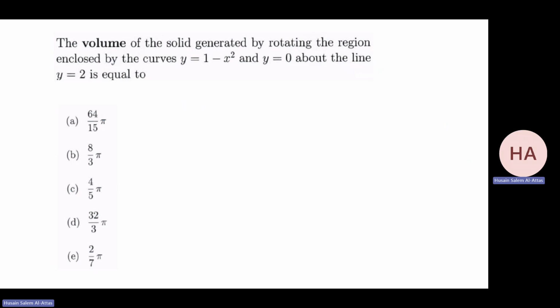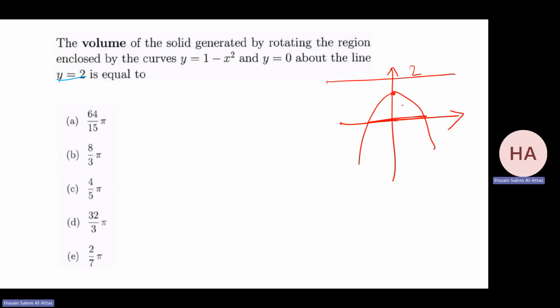Bounded by the curves, about the line y equals 2. Okay. Let me draw the curve. This is 1 minus x squared, and y equals 0, which is the x-axis. I'm talking about this region, and about the line y equals 2. This is my line y equals 2. So now I choose the strip.